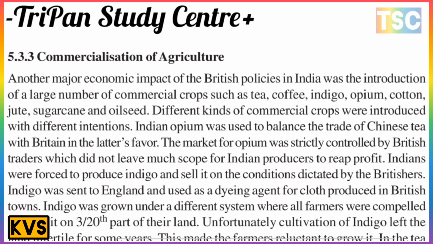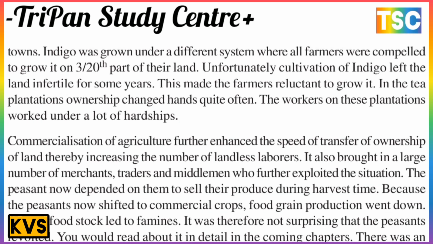Indian farmers were forced to produce indigo and sell it on conditions dictated by the British. Indigo was sent to England and used as a dyeing agent for cloth produced in British towns. Indigo was grown under a system where farmers were compelled to grow it on one-third of their land.